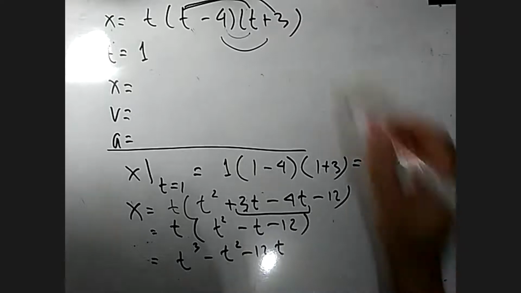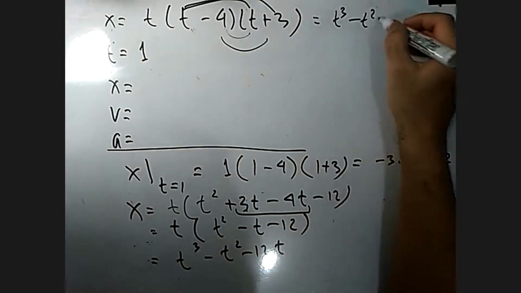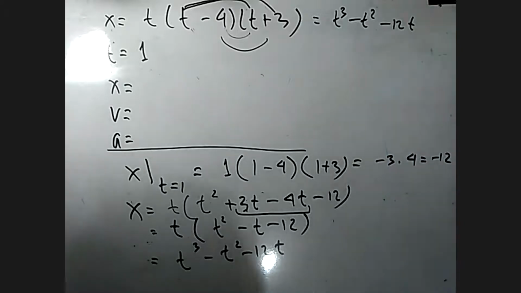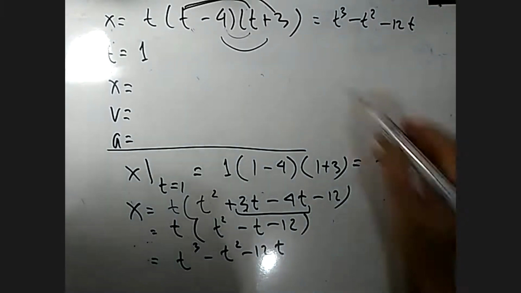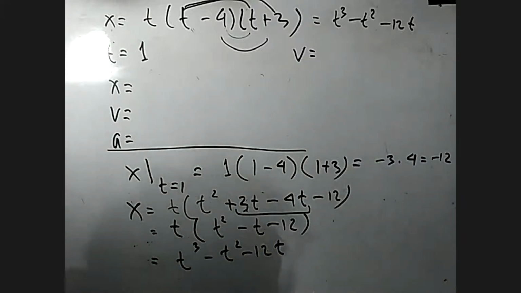Okay, good. So that is, it's going to be t cubed minus t squared minus 12t. This is the value for x. Now I want to find the differentiation of it. Okay, Brandon, differentiate this. Differentiate that one. Okay, wait.